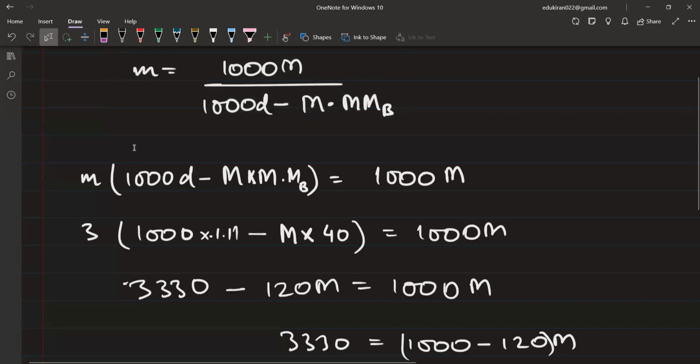ट्राई कर रहे थे एक बार, तो फिर बिकॉज मेरे पास एग्जैक्टली उसका भी है, मेरे पास मोलारिटी का: मोलारिटी इनटू डेंसिटी इनटू 1000 अपॉन 1000 प्लस समथिंग। उससे भी आपका नहीं आ रहा क्या?